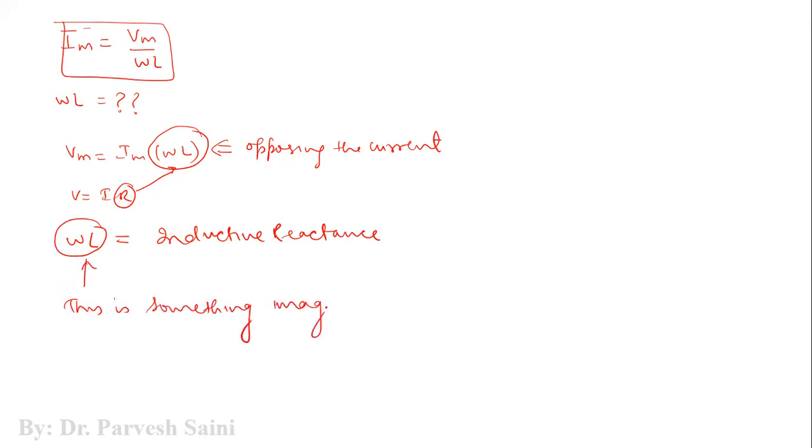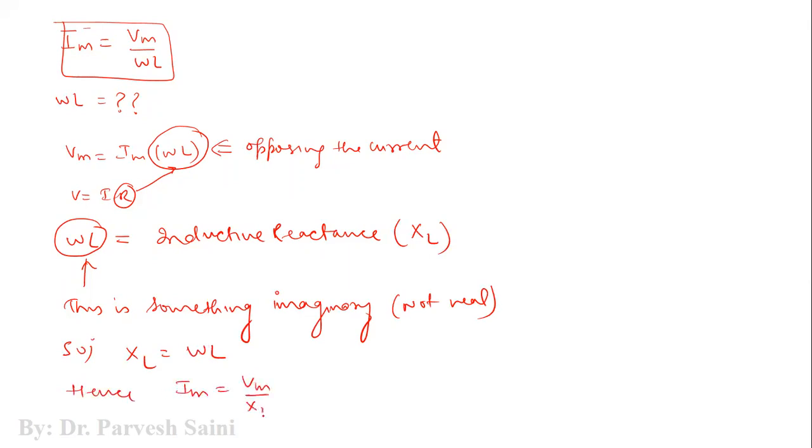It is an imaginary quantity, not real. Now this is inductive reactance, and we represent inductive reactance with XL. So XL is equal to omega L. Hence, your Im is equal to Vm by XL.